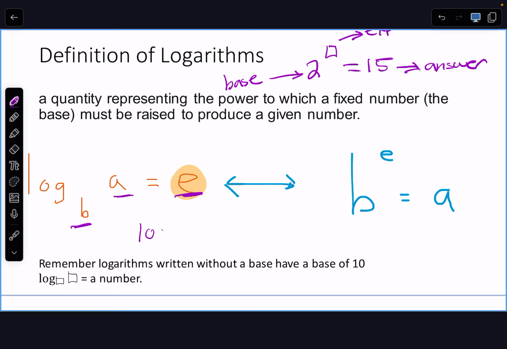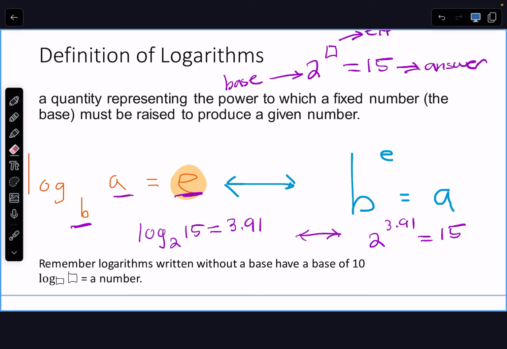It's log base 2 of 15 equals what exponent? So in the last problem that we did, it was 3.91. And that's going to be equivalent to 2 to the power of 3.91 equals 15.